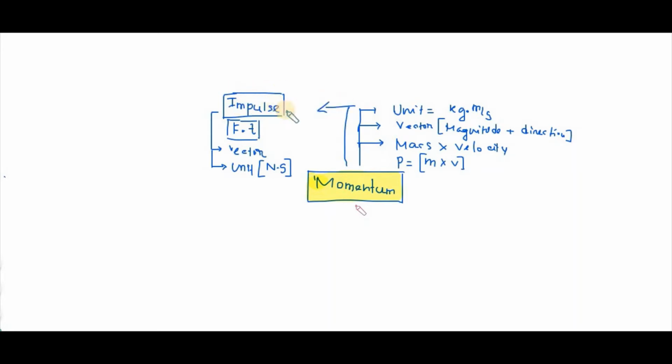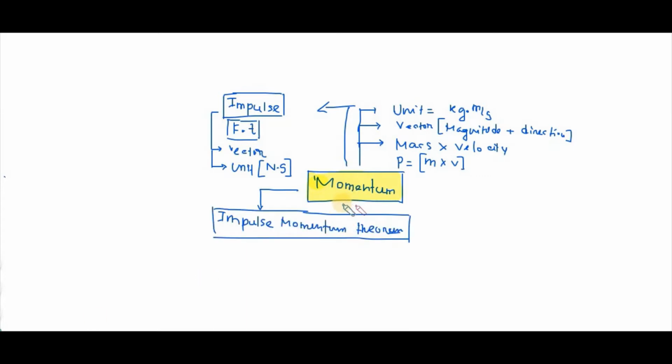Then, after combining impulse and momentum, we have the impulse momentum theorem. According to the impulse momentum theorem, if a certain force F is applied on any object for some instant of time delta t, then the impulse represents the change in momentum.